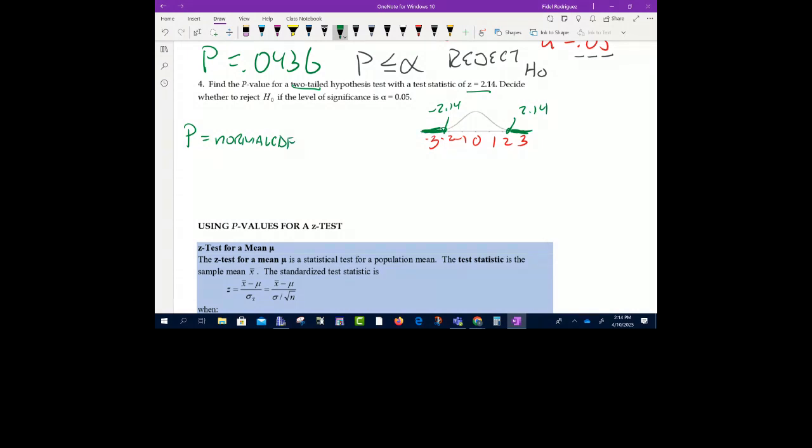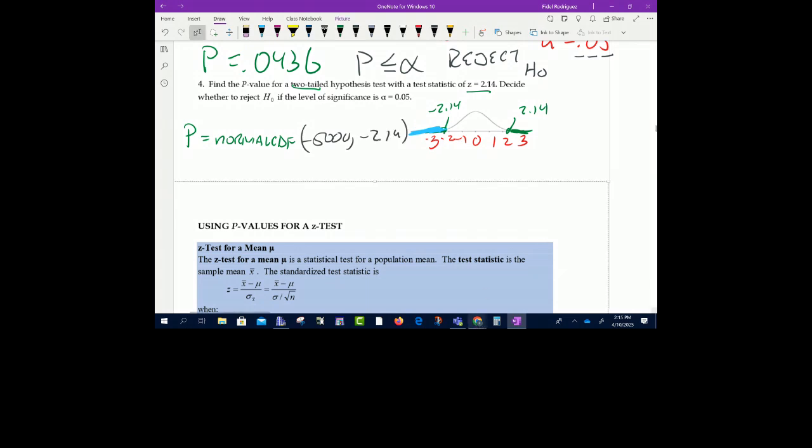If we wanted to find, say, let me do it like this just so you can see a little bit better. If I wanted to find the area in the light blue, and I was going to do normal CDF, where would I start? If I was trying to find this area over here, y'all. Good, negative 5,000. Awesome. Where would we stop? Negative, very good.